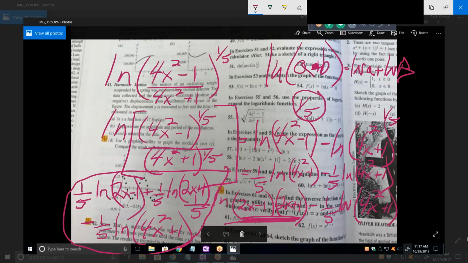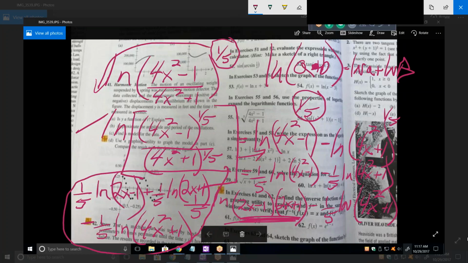In other words, we were taking this whole thing to the 1/5. At some point, I'm going to bring that 1/5 down in front. And I can do it at various points. I decided to do it like this because it kept everything straighter in my mind. Once I took the numerator to the 1/5 and the denominator to the 1/5, then I'm able to go into that comfortably.